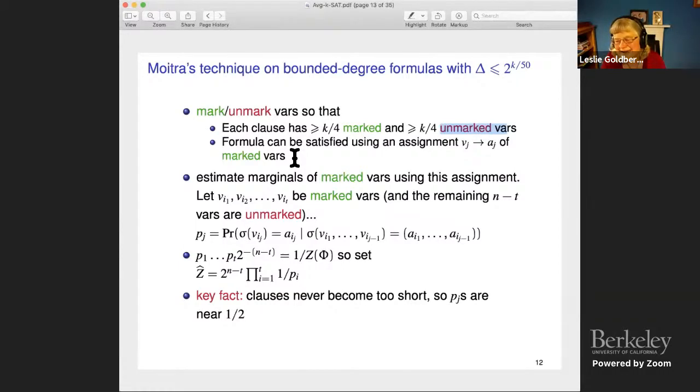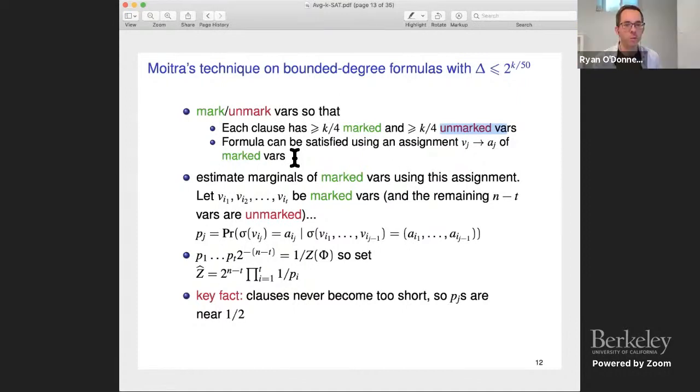And so we can't learn those, and we can't satisfy all the clauses using the ones that we can learn. So we have to figure out what to do about that. And the way to do that is learn the marginals of the so-called good ones and prove that the bad ones are all broken into these small components that can just be dealt with.